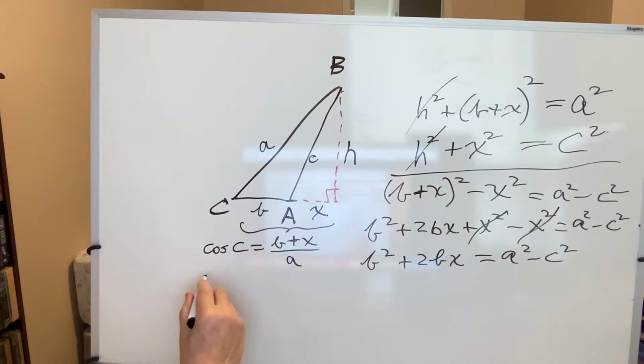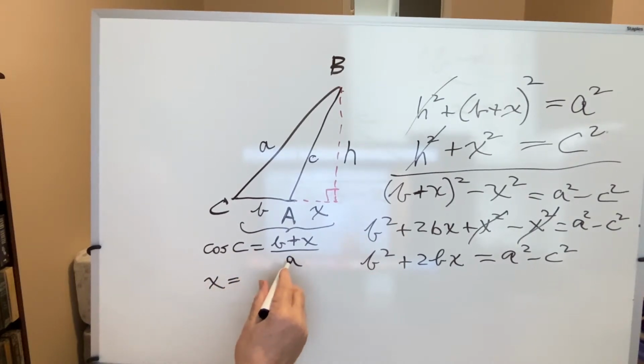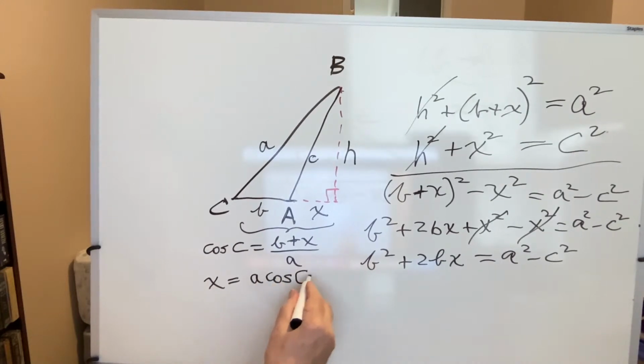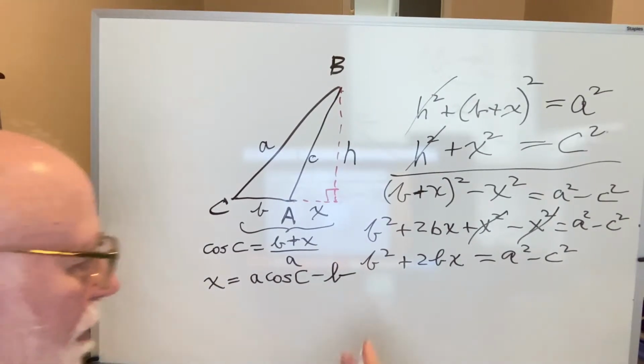When you solve for x here, multiply both sides by a and subtract b, you get x equals a cosine c minus b.